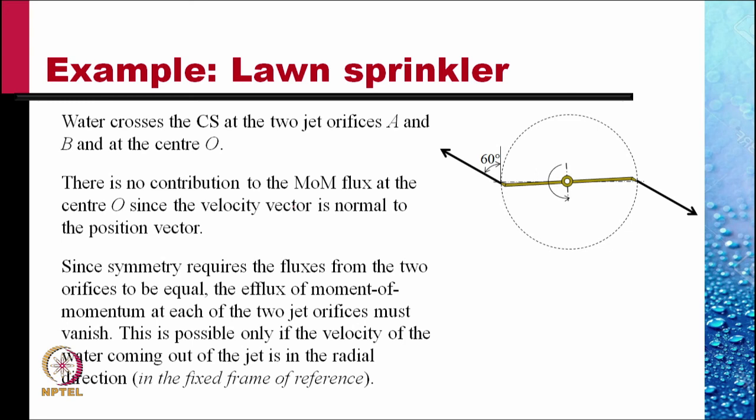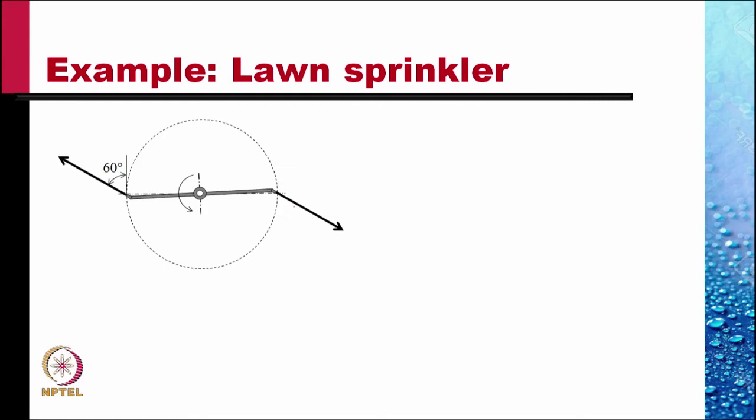So, in the frame of reference that we have, the water should be coming out radially. How do we do this? This is V jet relative with respect to the sprinkler arms at 60 degrees to the arm.